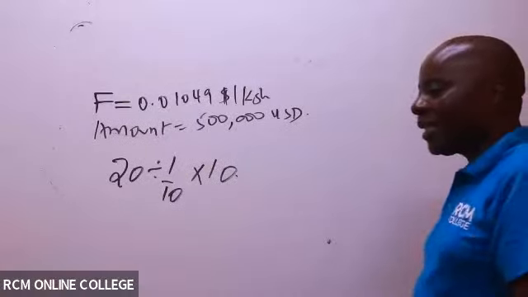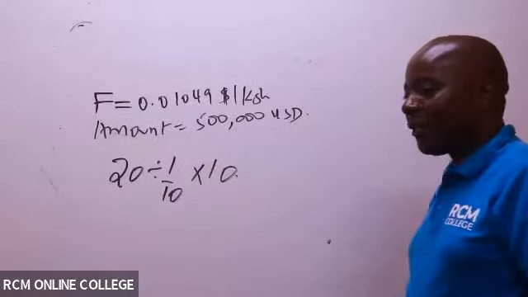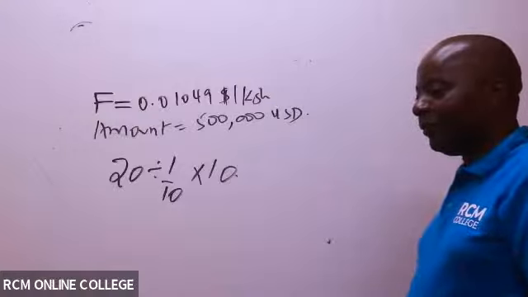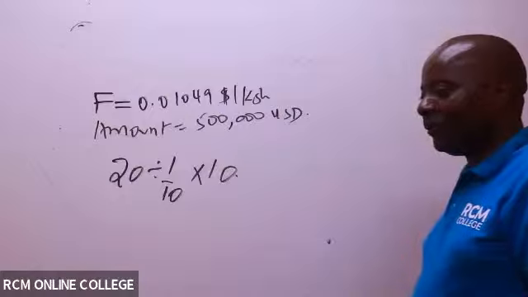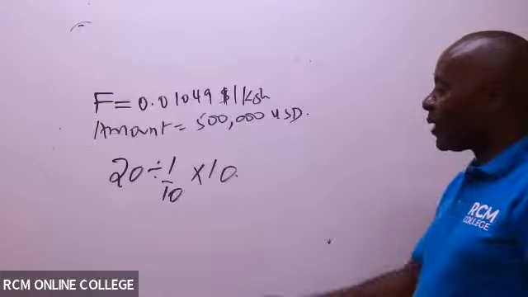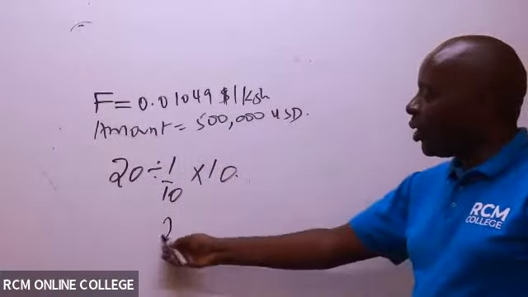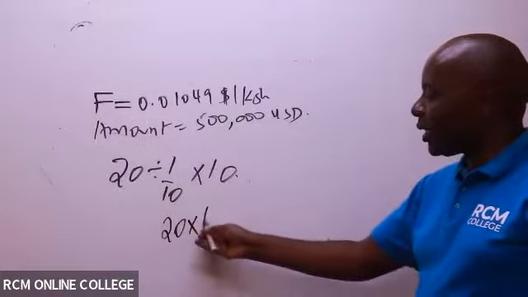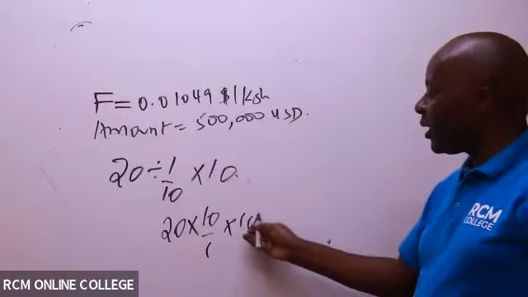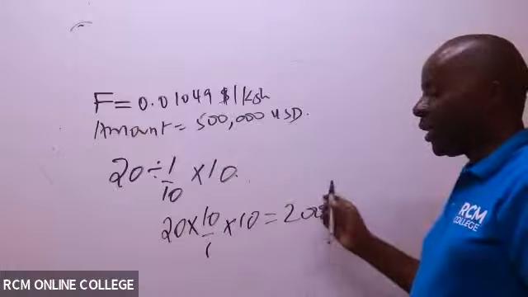Remember BODMAS, first of all, you must deal with division, isn't it? Before multiplication, deal with division. So how do I deal with division? I must reciprocate this times this. So the correct answer is supposed to be 2,000.